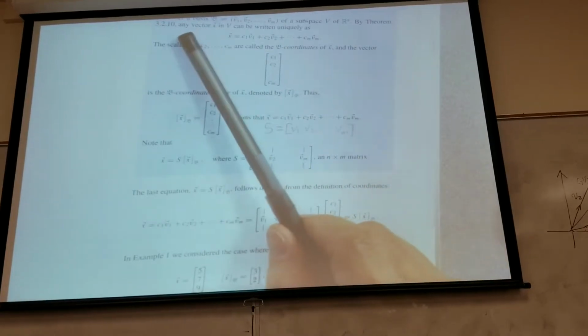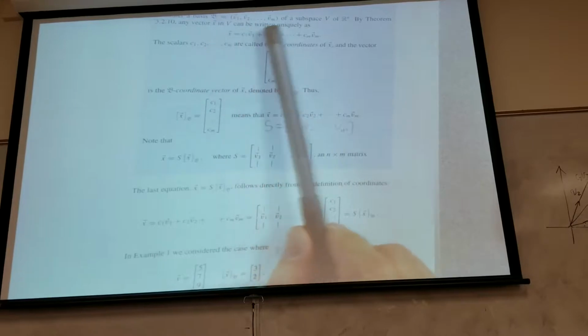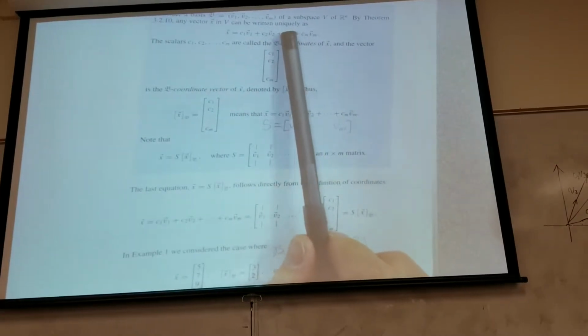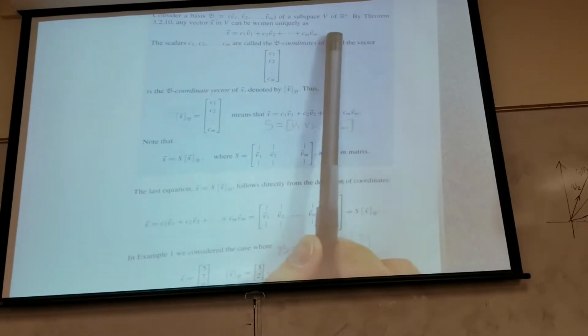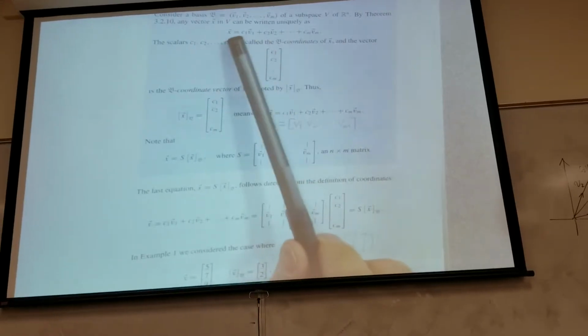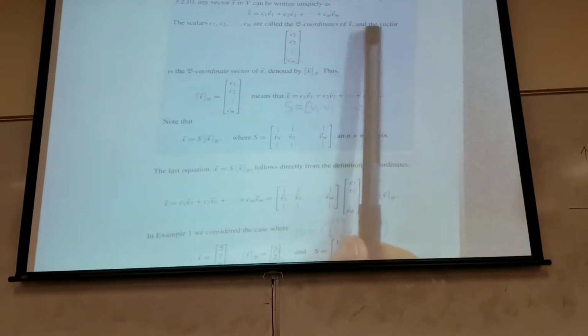And then any vector x in V has a unique representation as a linear combination of these basis vectors. Use C1, C2, all the way to Cm as the coefficients.